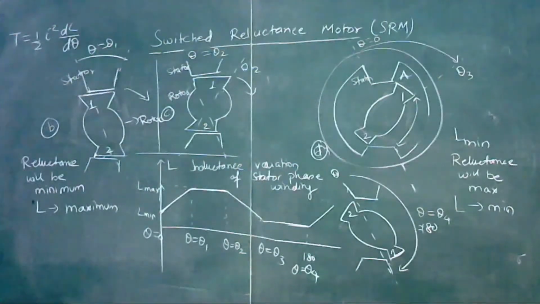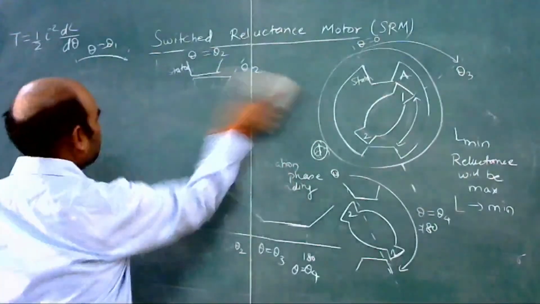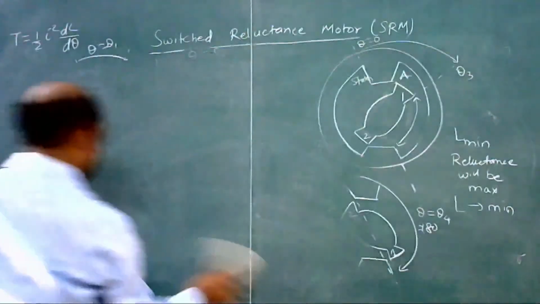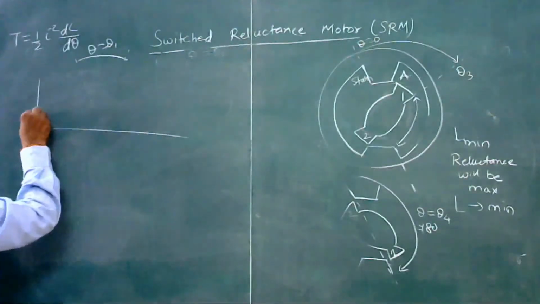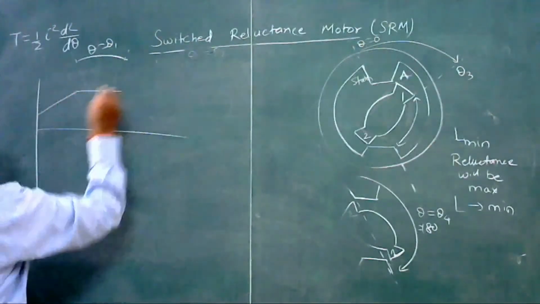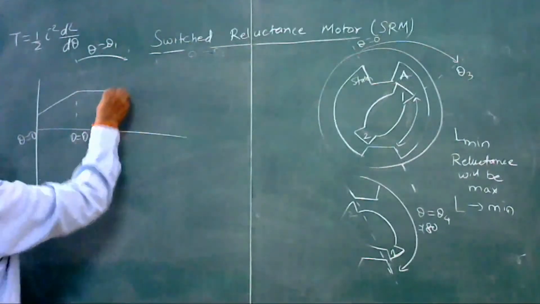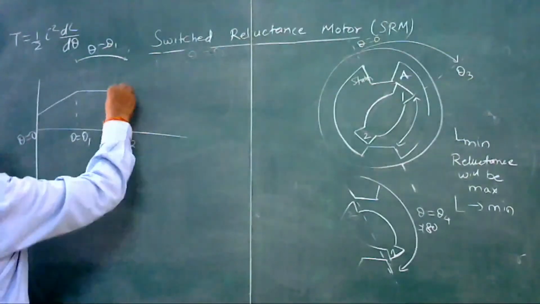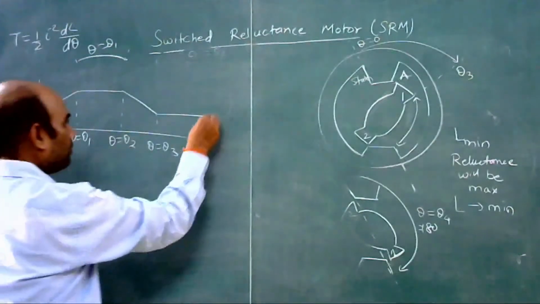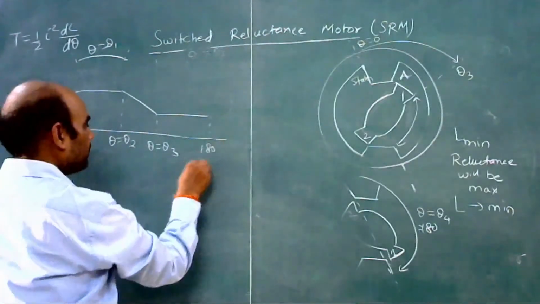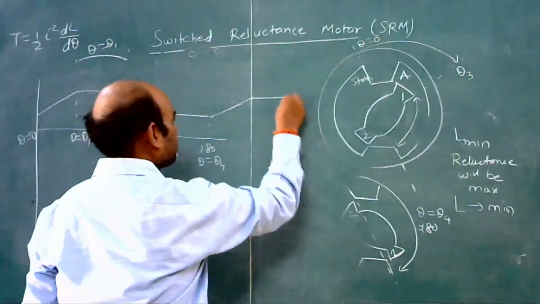The variation of L is minimum and constant at theta is equal to 0 to theta 1, then theta 2, then it will decrease linearly to theta 3, where it will remain constant, up to 180 degrees, and it will repeat itself like this.